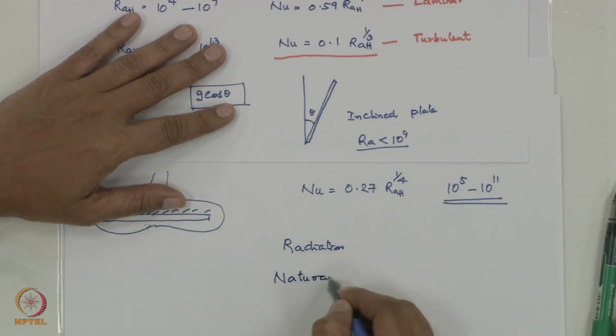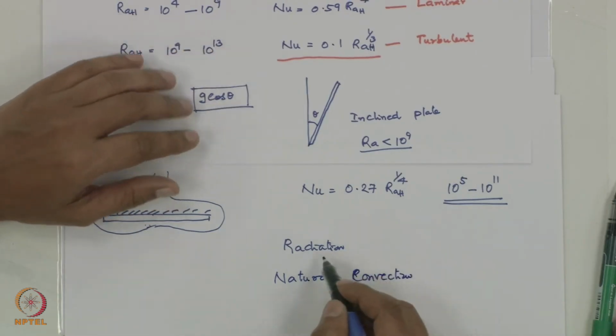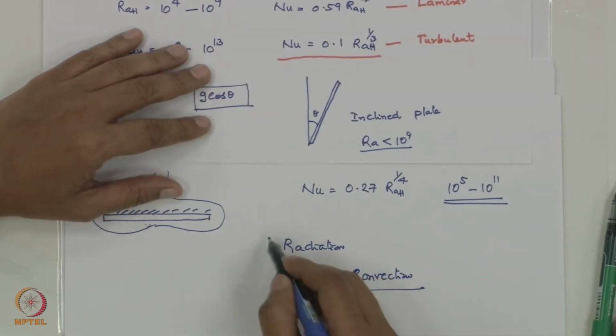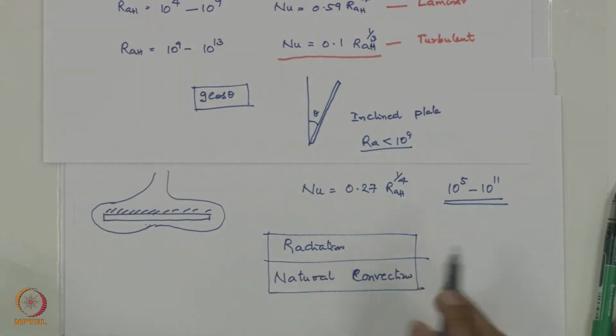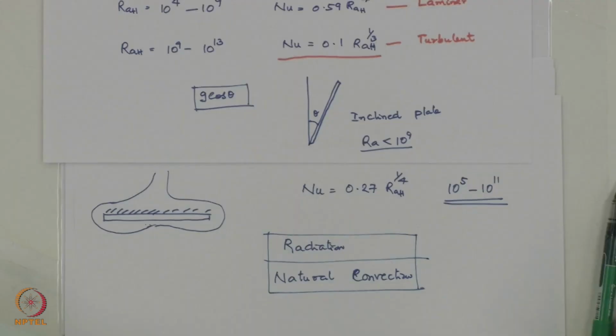In forced convection, you can generally perhaps neglect radiation, but in natural convection, you cannot neglect radiation. Almost it is 50-50 in this horizontal cylinder problem. In the next module, I am going to make you appreciate that this radiation cannot be neglected in natural convection situations. Thank you.